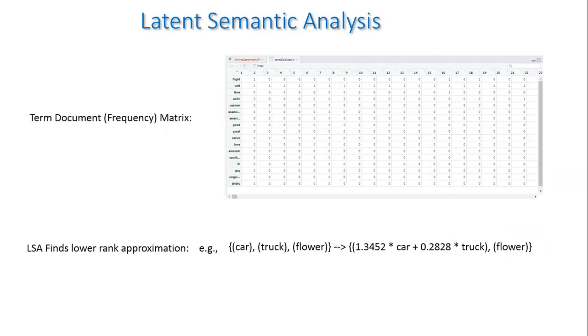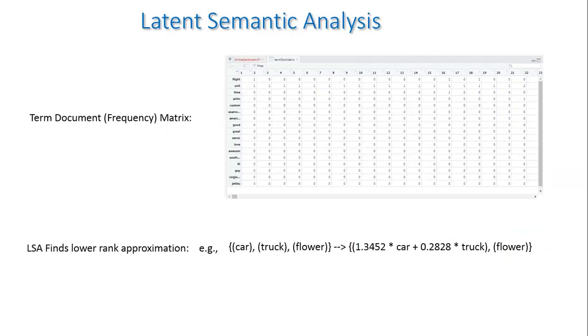So you take this matrix, you fill it in with frequencies or some version of frequencies, and what latent semantic analysis does is do a dimension reduction along the, I should say, the y-axis or the rows. So it simply takes this and reduces the number of rows without losing much information.